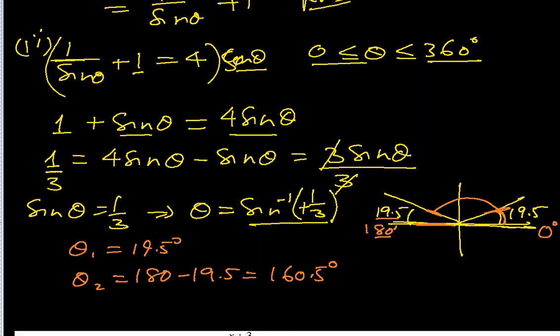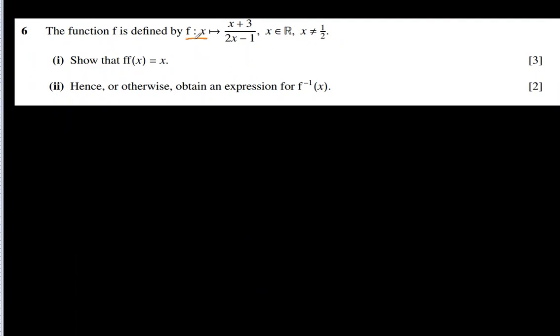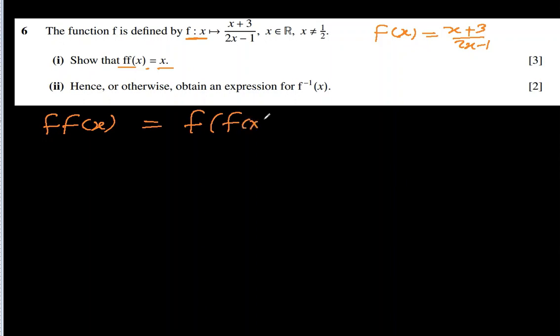Moving on. A function is defined as this. So please be careful. F, these two colon, and x is same as f(x). So we can say that they're saying f(x) is equal to x plus 3 over 2x minus 1. Okay. Show that ff(x) is x. Okay. So ff(x) is same as f of f(x).